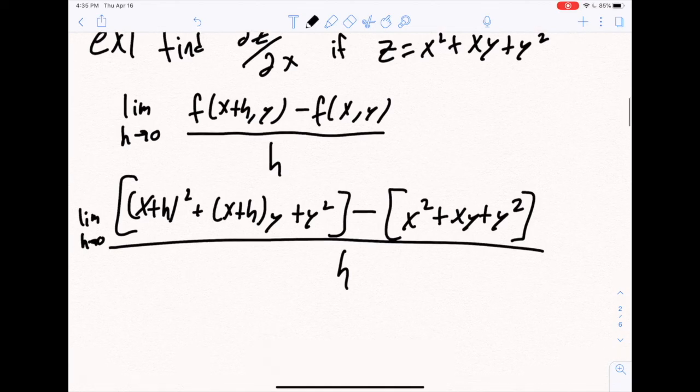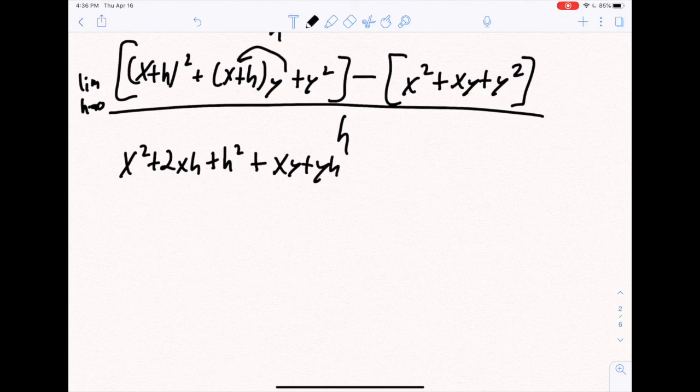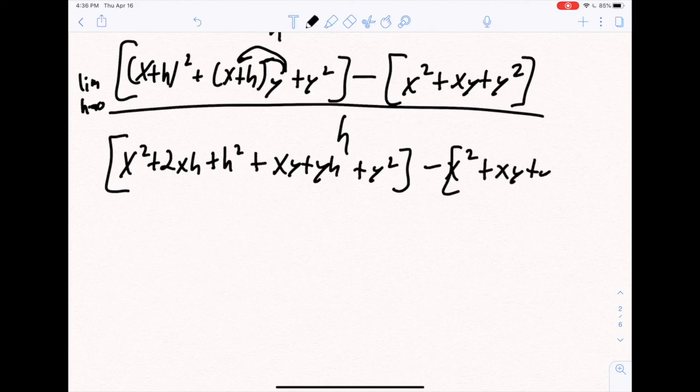So we can expand this out, and we're going to end up with something along the lines of x squared plus 2xh plus h squared plus x times y plus y times h. Here I'm just distributing the y in here, plus y squared. That whole quantity, we're going to subtract from it x squared plus xy plus y squared all over h.